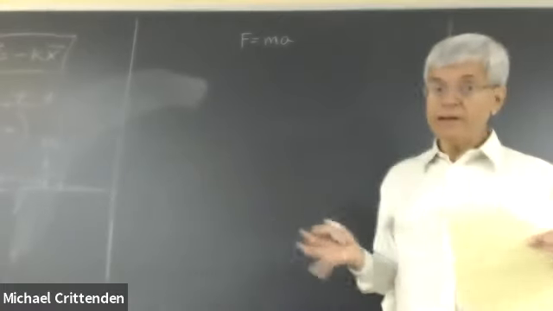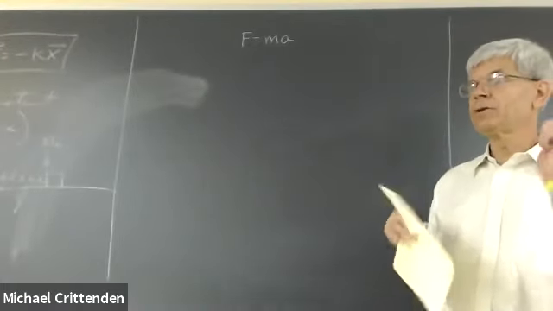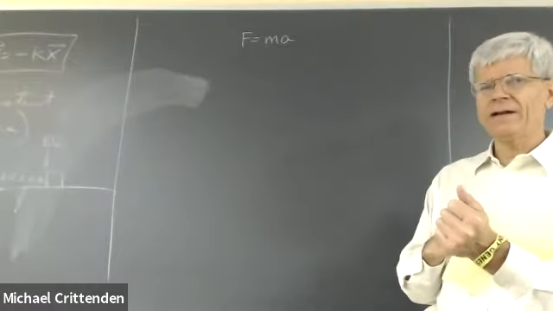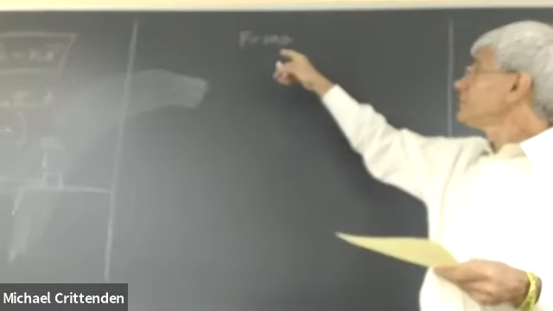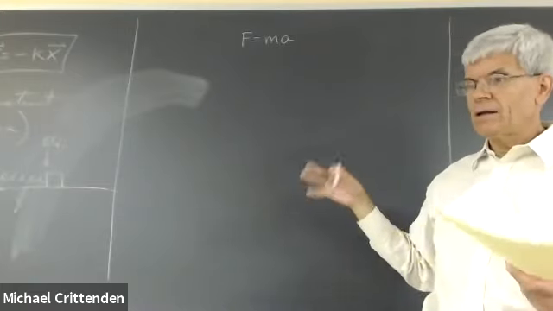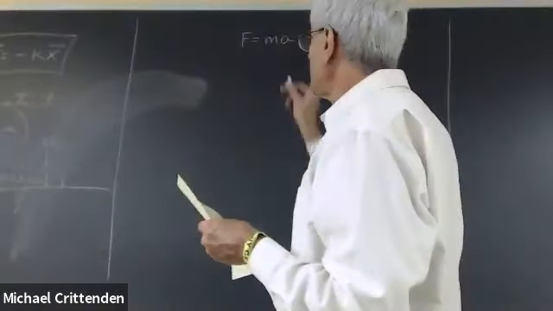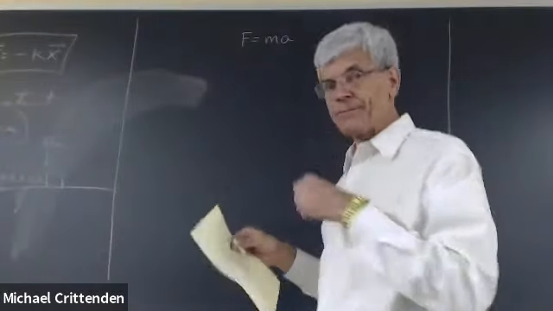F equals ma, which, unlike Hooke's law, is a fundamental idea. Or well, a little more generally, like I said at the end of the last video, F equals the derivative of the momentum with respect to time, but as long as the mass stays constant, it's the same thing. So, substitutions to put into that.